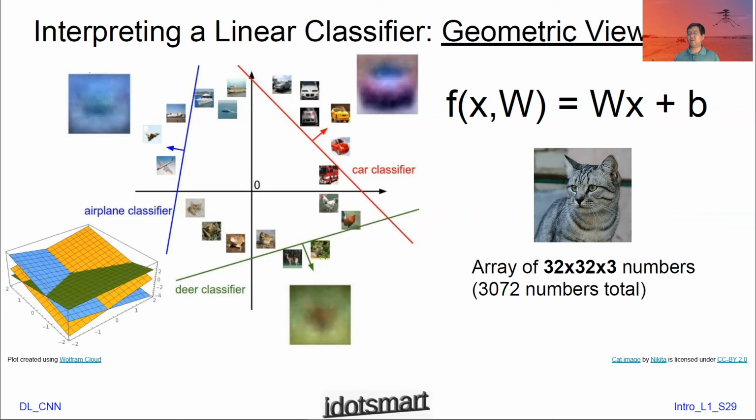If you only have 2 categories, I really want to draw a boundary that can separate the 2 different categories. If you have multiple categories, I need several boundary lines so that I can distinguish one from another. Of course, this is just for illustration. If you have multiple classes, you will quickly find this is very difficult: you can't always draw a linear boundary to separate the different classes.